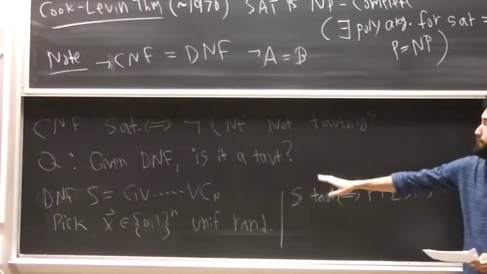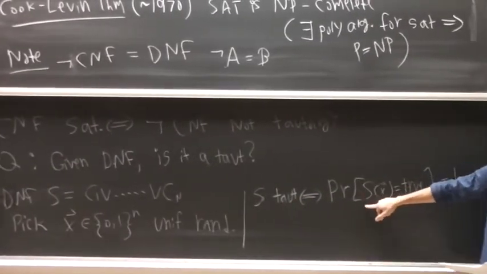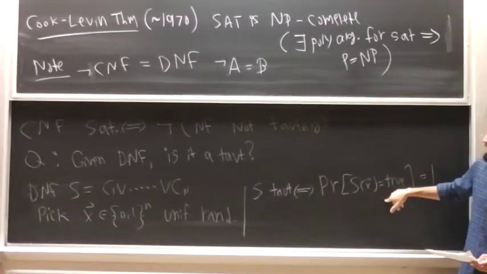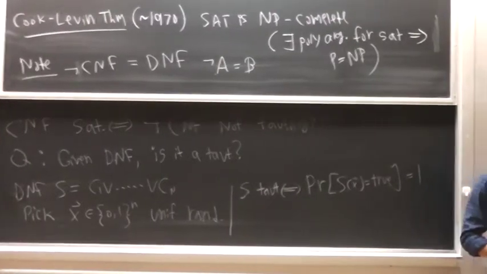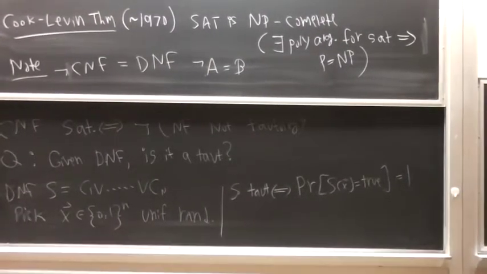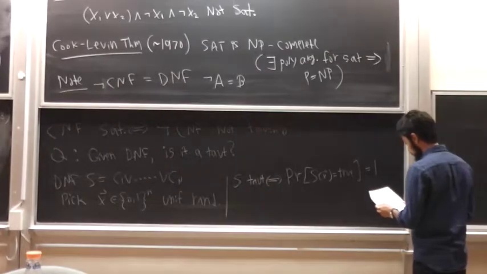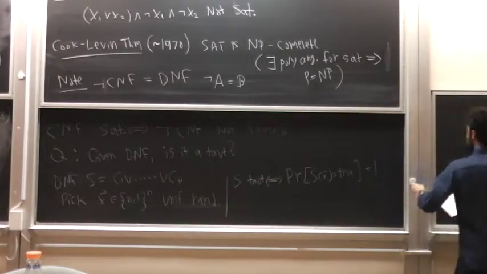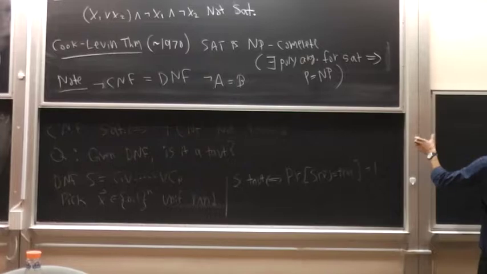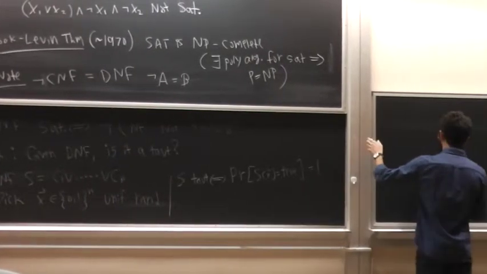So we pick a uniformly random assignment. If the probability that it evaluates to true is 1, then it's a tautology, if and only if. Now let AK be the event that a single one of those clauses is satisfied.